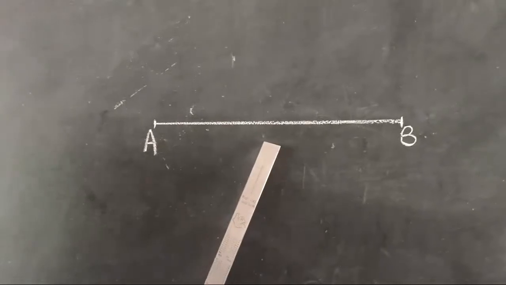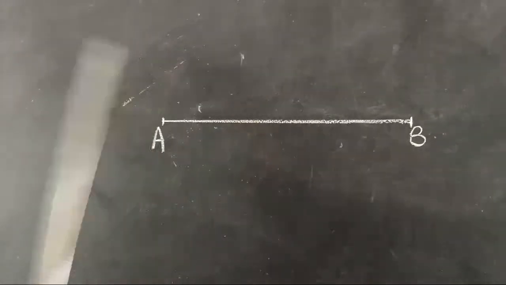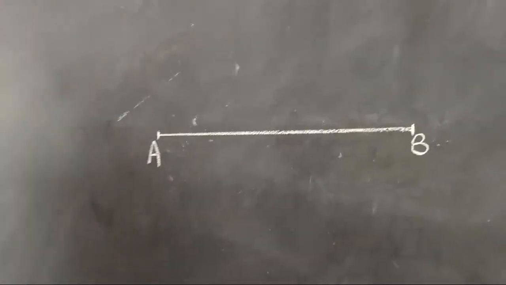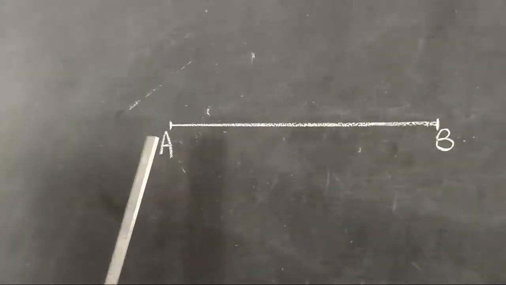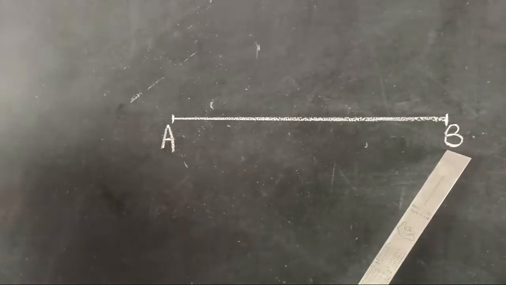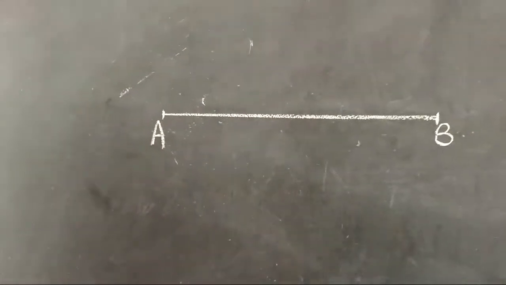Segment AB. Tell the end points of that segment. Point A, point B. Correct. Point A and point B are the end points of that segment.